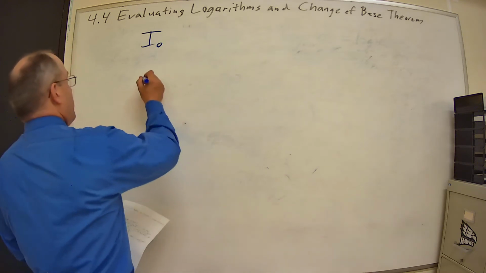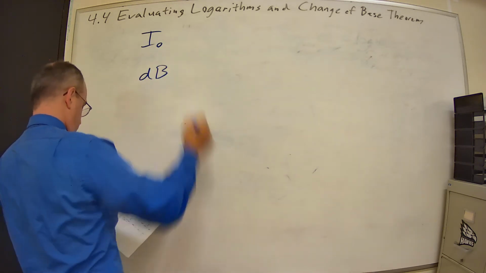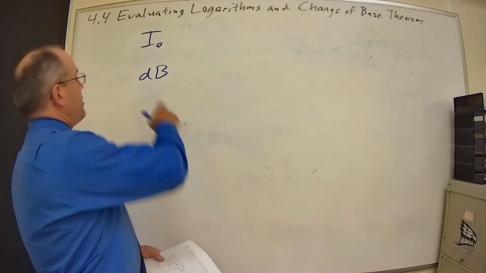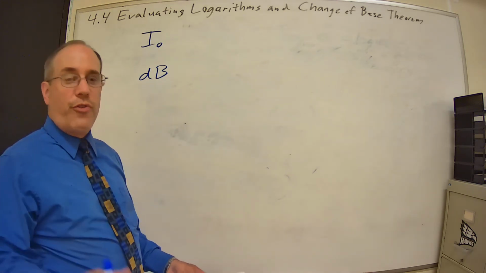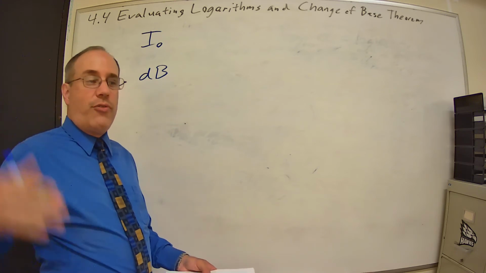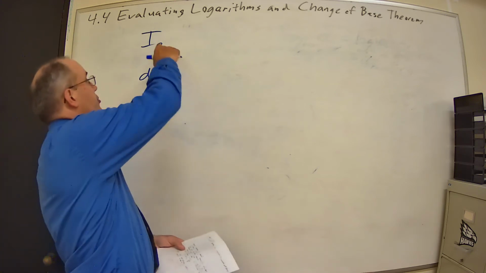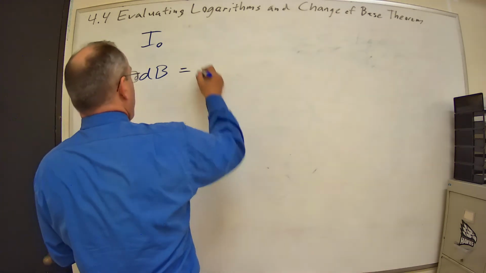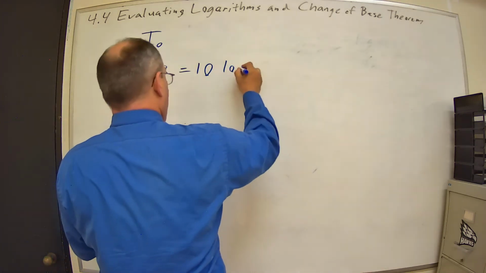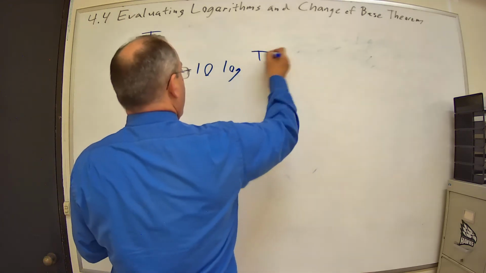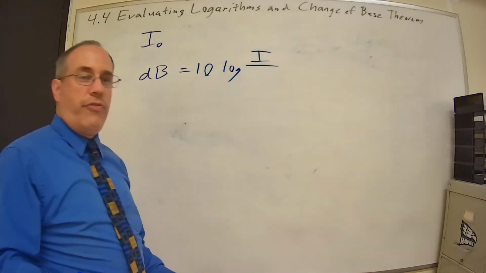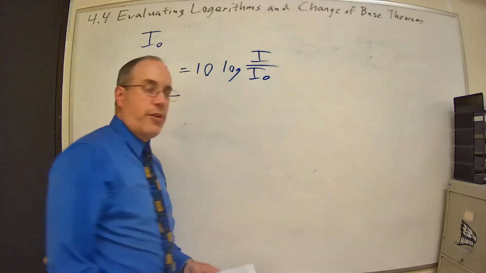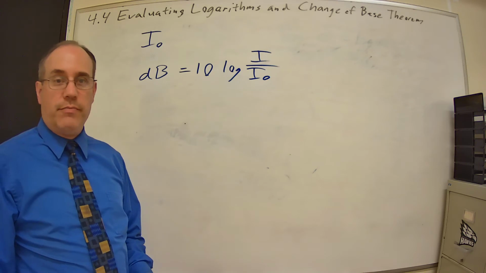Decibels, dB, and sometimes just done with a D, but decibels refers to the sound level in relation to this threshold intensity. And that can be found by taking 10 times the log of I, the intensity of a given sound, over I sub 0, the threshold intensity.